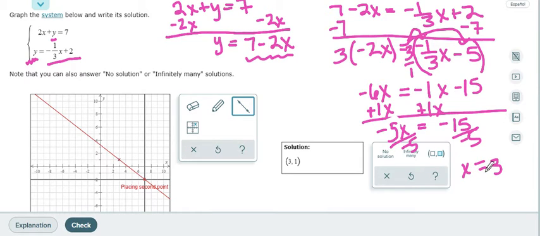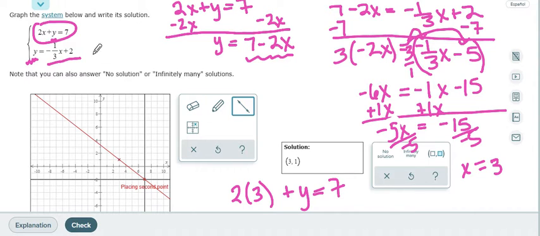So this is my value for x for my solution. So I have 3, and now I want to get my y value. So I could substitute 3 into either equation, but this one, I'm going to do it in there. So 2 times, instead of x, I'm writing a 3. 2 times 3 plus y equals 7.